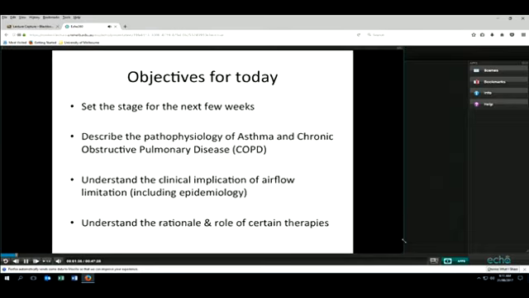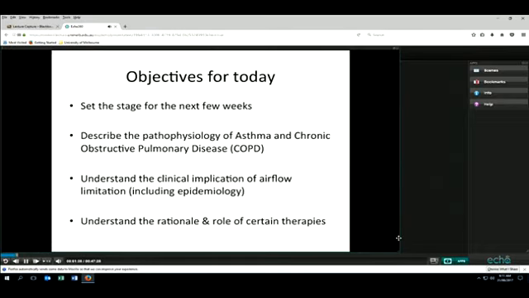So the two airflow limitation conditions that we're talking about, as I'm sure you would know already, are asthma versus COPD.